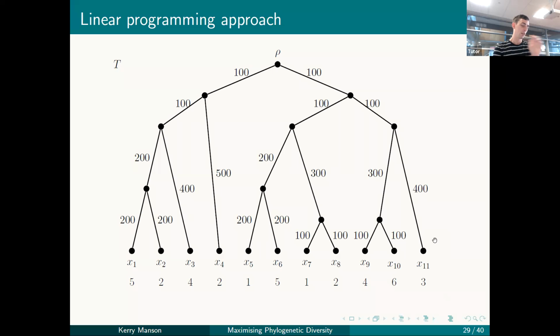And actually, instead of coming up with a flow, there's a slight shortcut we can take in this case, which is that after we've scaled the tree up, we can simply add on to the pendant edges these small values that we're interested in.